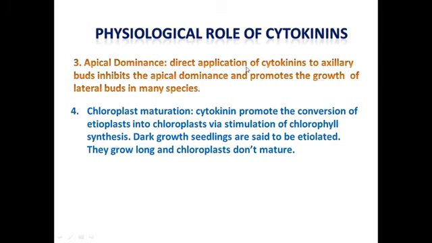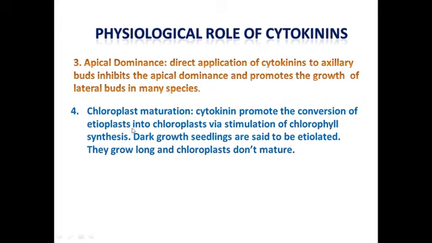But here, direct application of cytokinins to the axillary buds inhibits the apical dominance. If cytokinins are applied to the axillary buds, that inhibits the apical dominance. As a result, growth of the lateral buds occurs in many species. So you can say cytokinins are an inhibitor of the apical dominance.